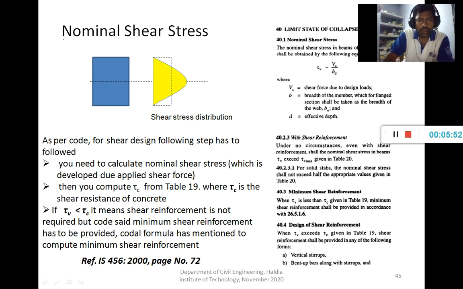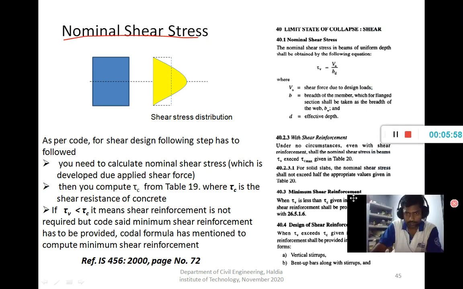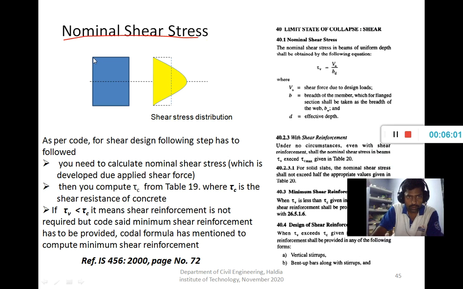Now the concept of nominal shear stress. This is a section of a beam and this is the neutral axis. The shear stress developed inside the section varies parabolically and it is maximum at the neutral axis, and then it gradually decreases and finally is zero at the bottom.